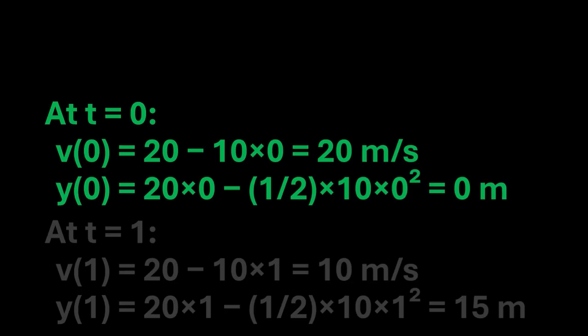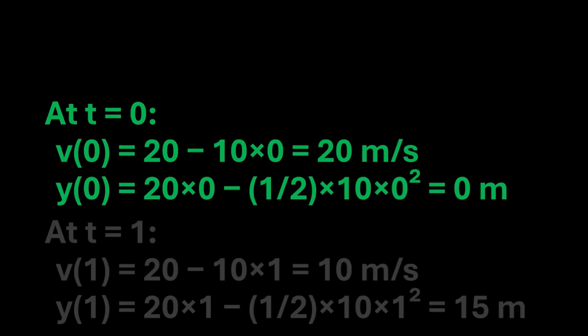And when we have t equal to 0, the corresponding displacement is y of 0, which is ut minus half gt square. t is 0, so displacement is 0 meter.